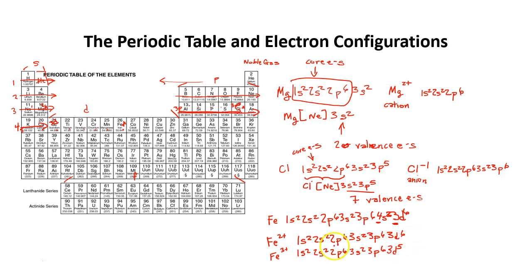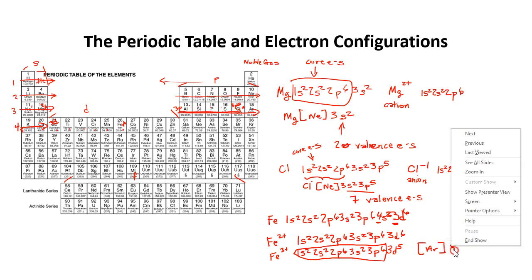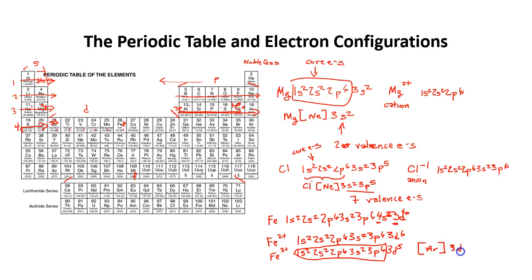All right. Of course, I could have done this using noble gas notation, right? So 1s2, 2s2, 2p6, 3s2, 3p6. That's the electron configuration for argon, so I put that in brackets and then just simply write 3d5 here.